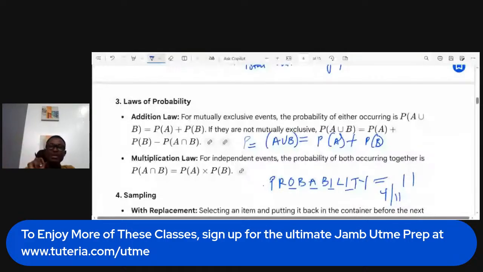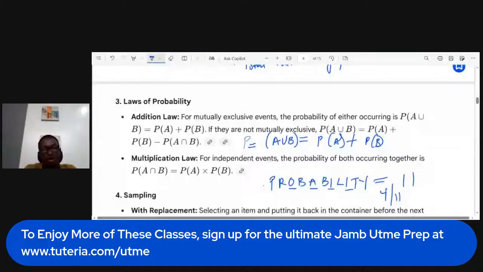If Manchester United is going to play tomorrow at 4 p.m., and someone asks what's the probability of them scoring 0 or 1, that's a mutually exclusive event, because by the time they score 1, they've already cleared 0. They can't score 0 and still score 1 at the same time. That's what these things mean. So for mutually exclusive events, you use the addition law.